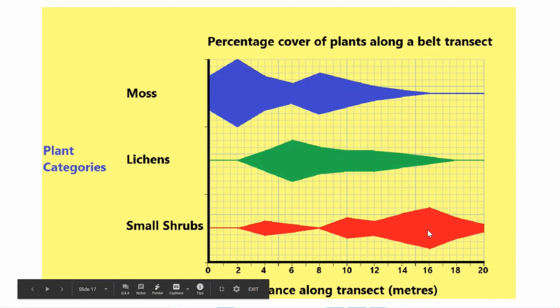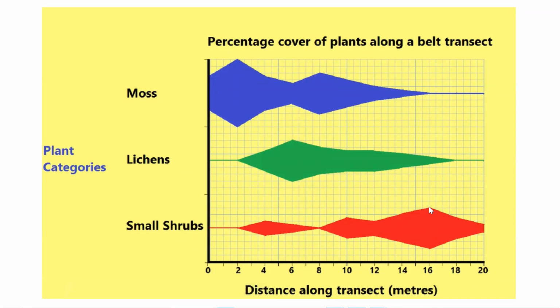So that means this will be 10 centimeters. This will be around less than 2 centimeters. And moss is the smallest because it's covering the smallest number of boxes. That is, where is, oh, it's 0. There's nothing at 16 meters here.